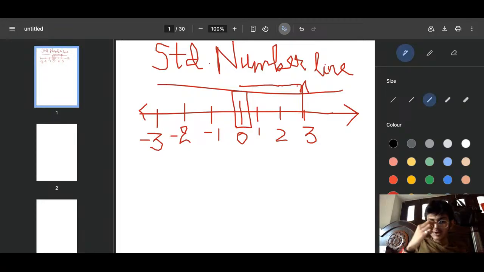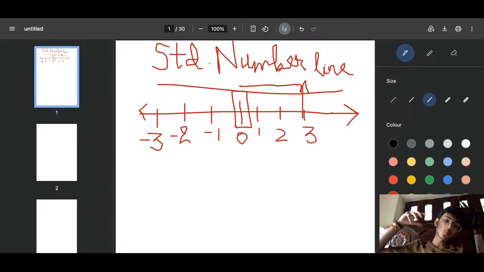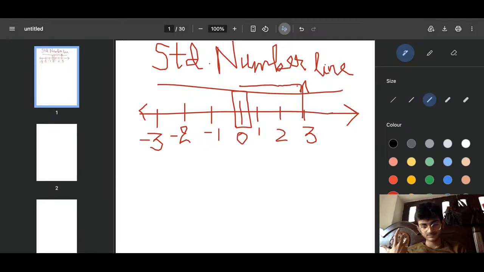Then you are crossing infinite numbers to reach 2, which is the integer just lesser than 3. So in the journey from 3 to 2, you have already crossed infinite numbers.